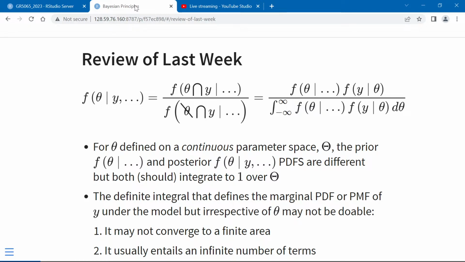And so last week constituted a bit of a pivot toward the more useful case where parameters are continuous, but they're treated like random variables. Your beliefs about the parameters are getting updated, and we're going to continue that this week.